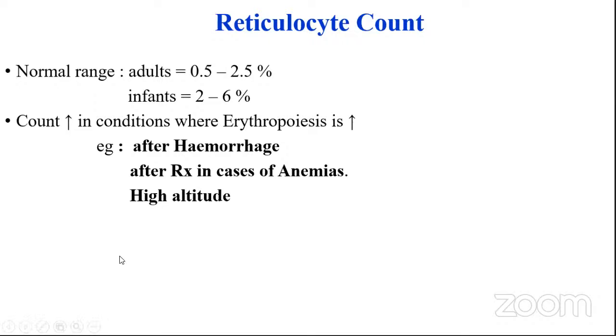I have not written it here purposefully so that you take it down. I repeat again: reticulocyte index equals reticulocyte percentage times actual hematocrit divided by normal hematocrit. This will give you the corrected reticulocyte count. Remember, this is used as a prognostic indicator to know the prognosis of the disease, whether we are treating correctly or not.